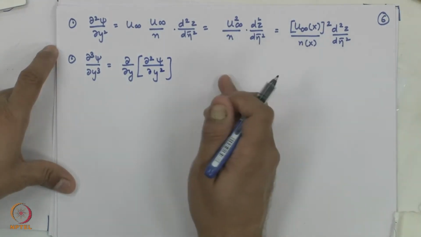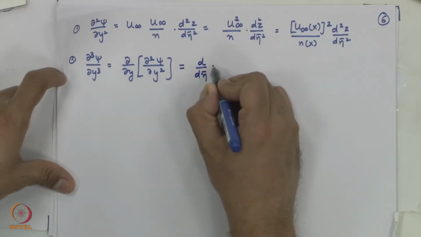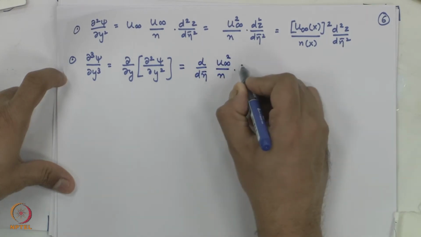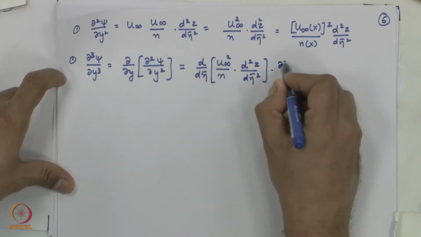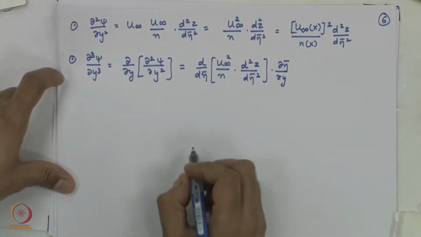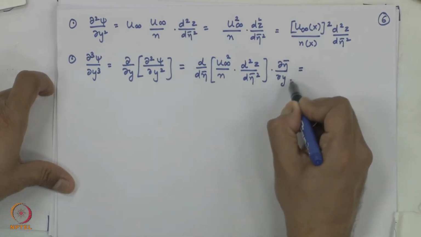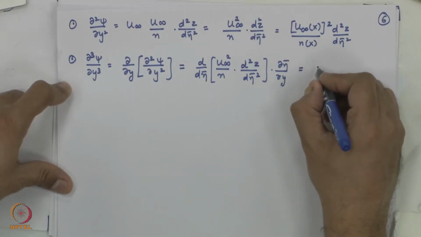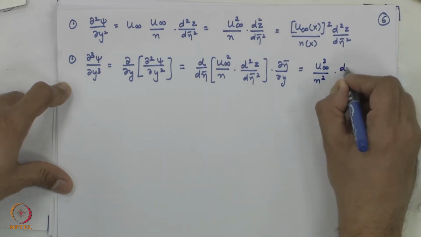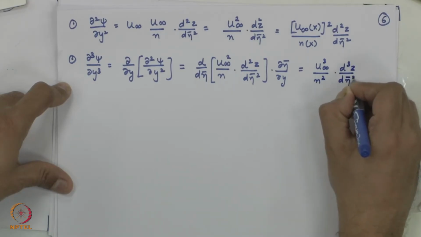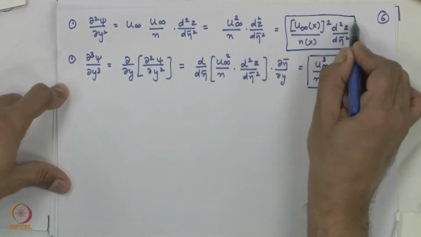D squared psi by dy squared we got here, and this is nothing but d by d eta bar of u infinity squared by n, d squared z by d eta bar squared, times d eta bar by dy, which is u infinity by n. So I would get this as u infinity cubed divided by n squared, d cubed z by d eta bar cubed. Let us keep this in mind as the second part.